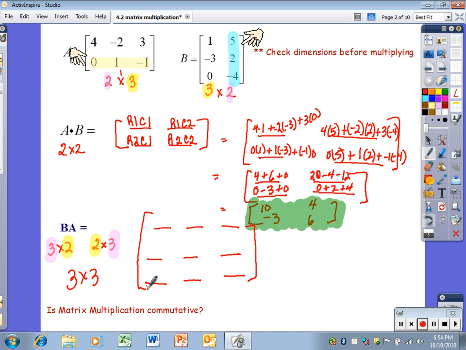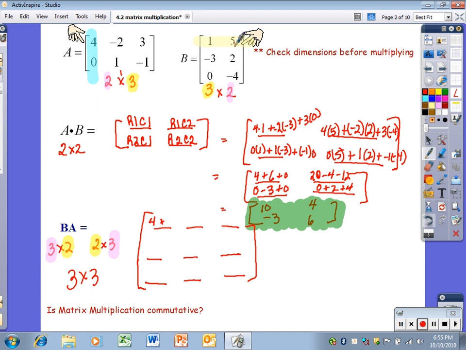So this time I am taking row 1 of this matrix by column 1 of this matrix. So row 1 by column 1. So I have 1 times 4 is 4.